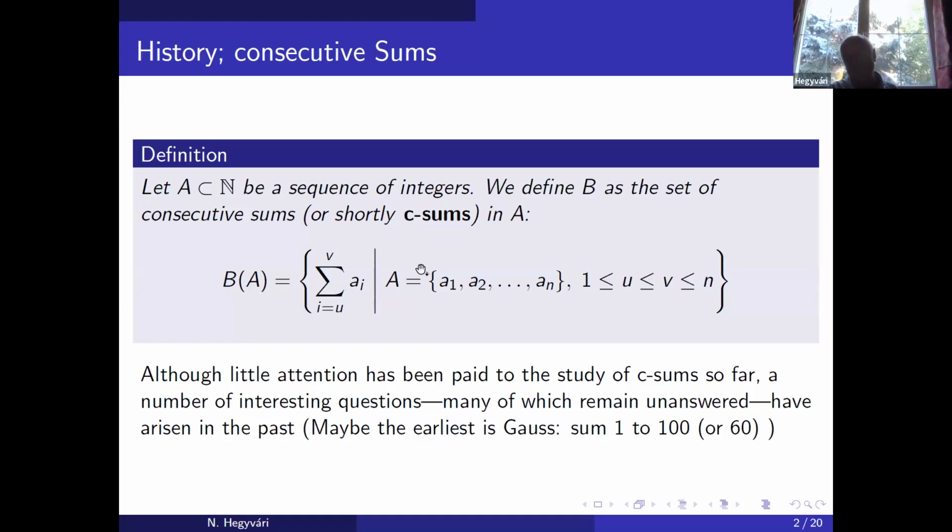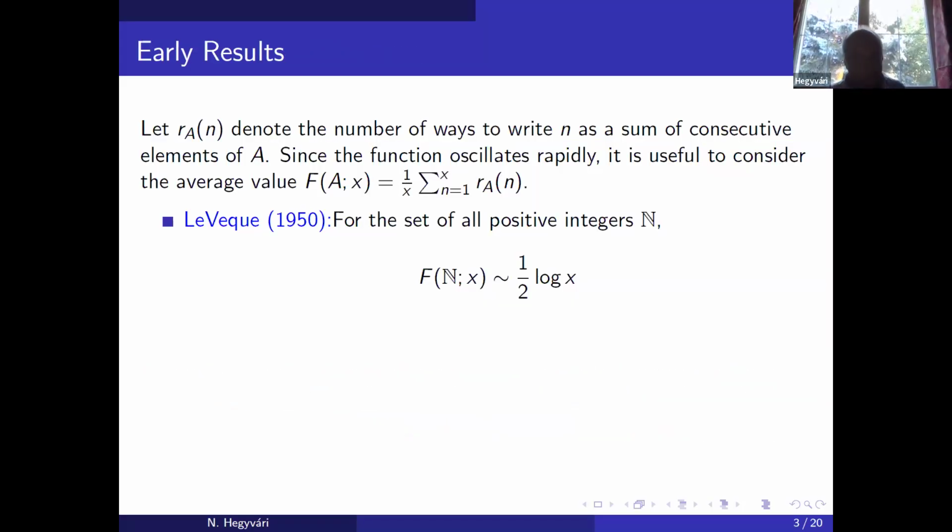Maybe the first or earliest result, I should say, is Gauss, who asked to add the numbers from 1 to 100, but he did it a different way. So I should mention some earlier results. The only thing which was reasonable was to consider the representation function.